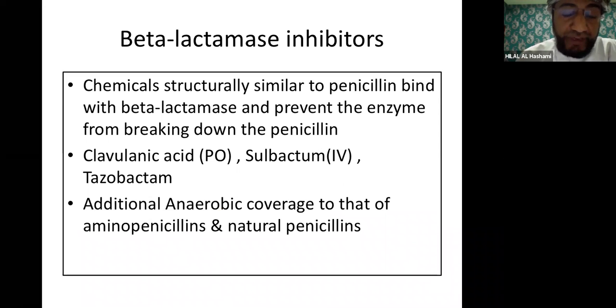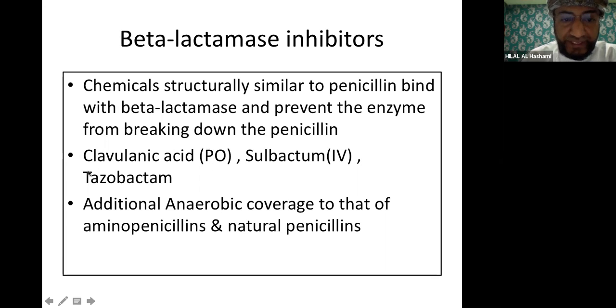To overcome that limitation of the aminopenicillins, a beta-lactamase inhibitor is added to them, which is structurally similar to the penicillins. They bind to the beta-lactamase and prevent the enzyme from breaking down the penicillin, like clavulanic acid, sulbactam, and tazobactam.